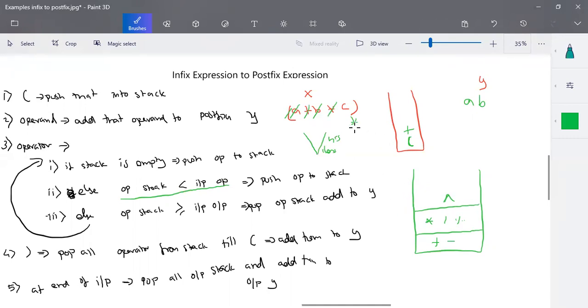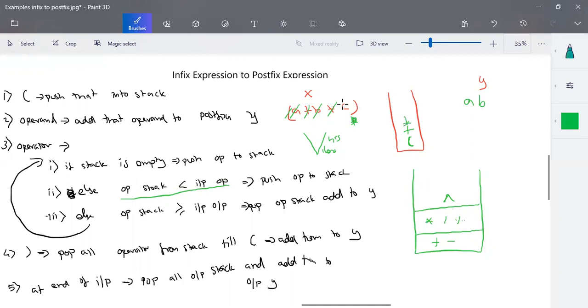Now we compare star with plus, and star has the higher precedence. We can place a higher precedence operator on top of a lower precedence one, so star can be directly added to the stack.